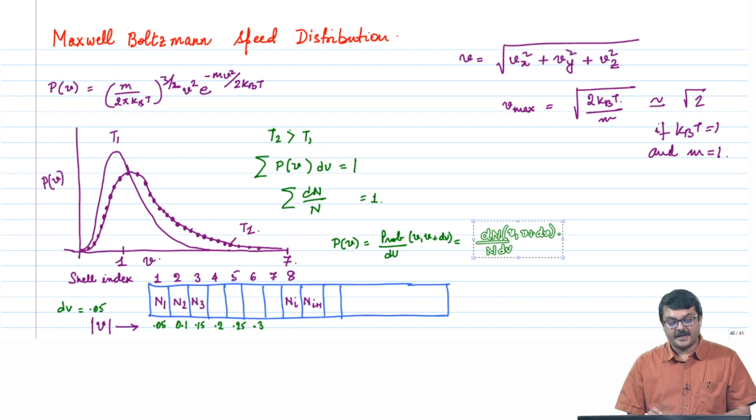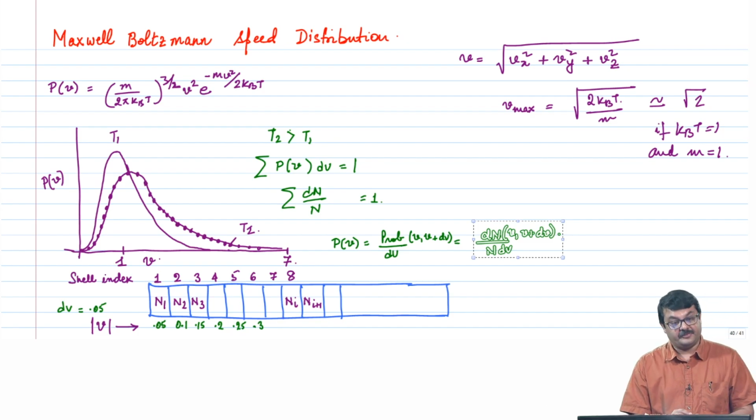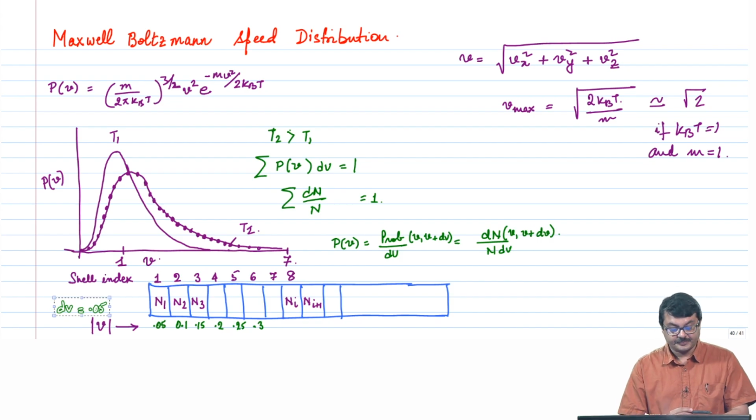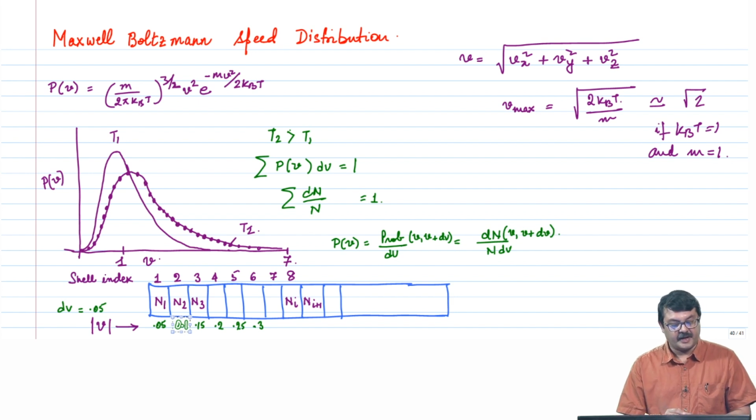So here you will again have an array, where the first index of the array will store how many particles are moving with speed between 0 and 0.05. Suppose dv is 0.05, and then how many particles are moving with speed between 0.05 and 0.1, how many between 0.1 and 0.15, and so on and so forth.